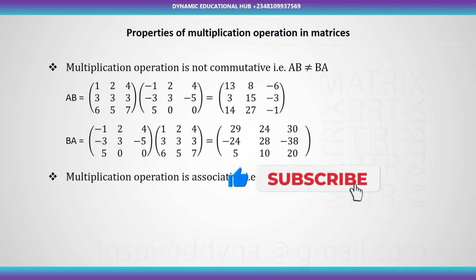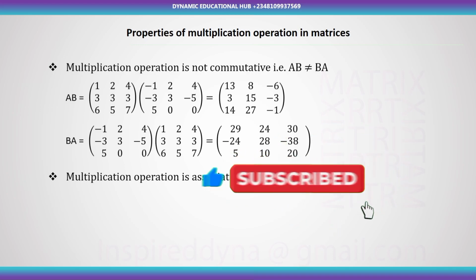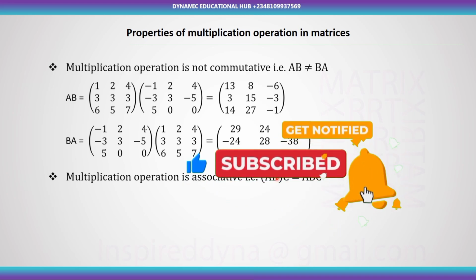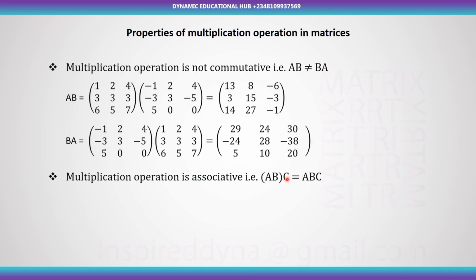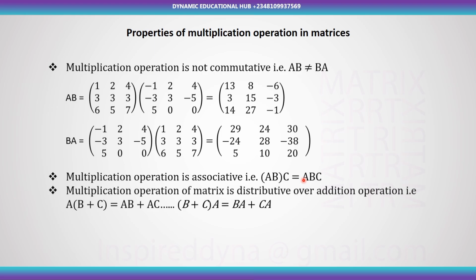What it means is that if you have two matrices multiplied together here and you have another matrix outside, you can simply pick the first matrix, multiply by the second, and then by the third, or you pick the last two, multiply them together and multiply the first one with the result, so you still get the same answer. That is, multiplication operation is associative.